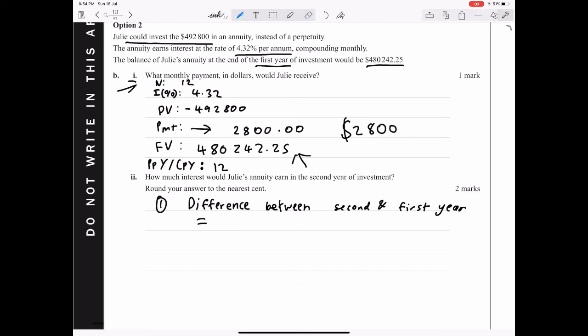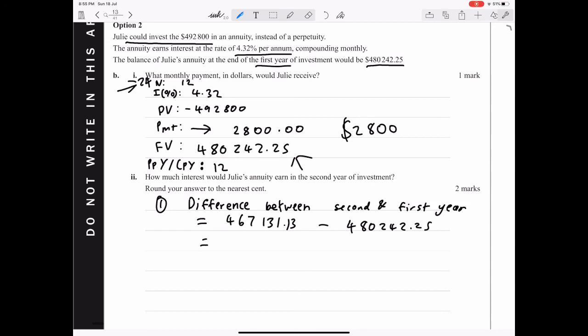And we know that the value of the first year of the annuity is $480,242.25. So if you sub 24 in N, you'll get the value of the second year of the annuity. And if you do that in your finance solver, you'll get 467,131.13 minus the value of the first year, which is, as we know over here, 480,242.25.